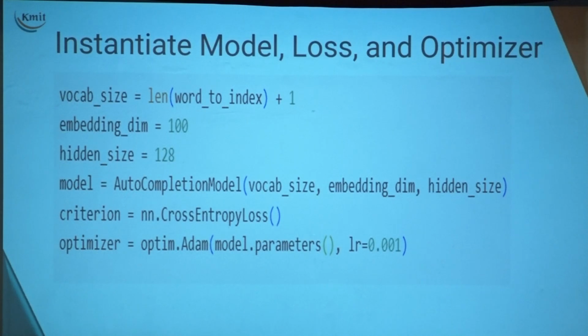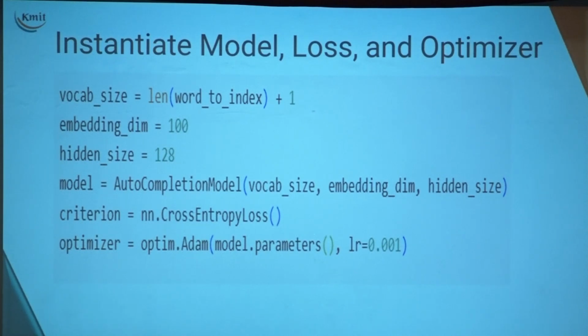It has a large amount of tokens with it. Yes or no? So that's the reason I prefer to choose 128 as my hidden size. Then I will be instantiating my model here and passing the parameters: my vocab size, embedding dimension 100, hidden size 128.